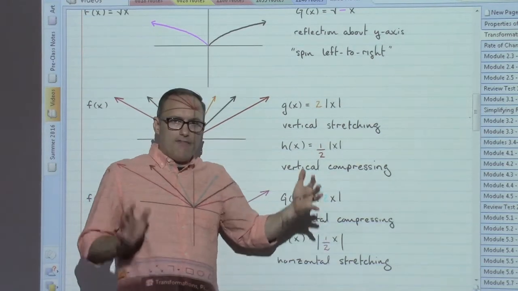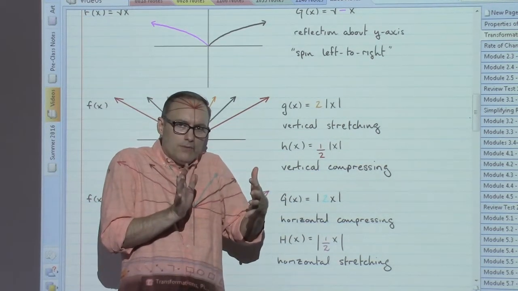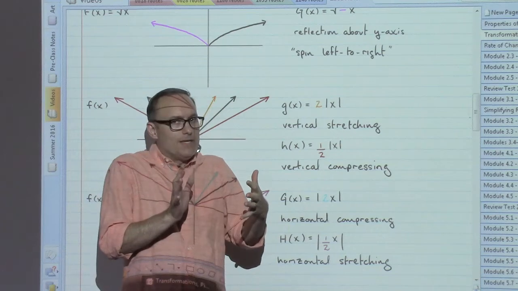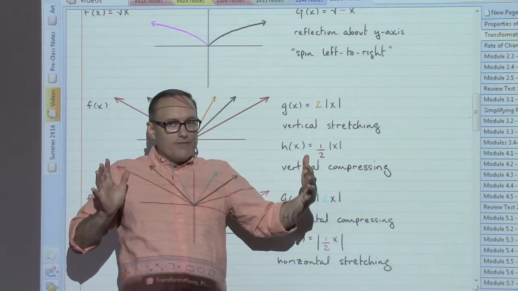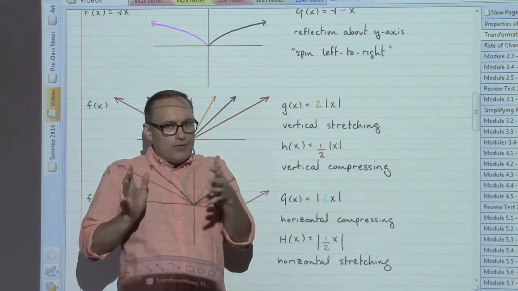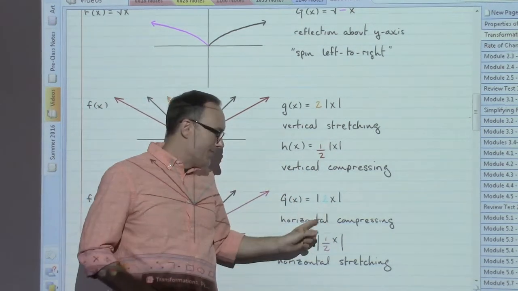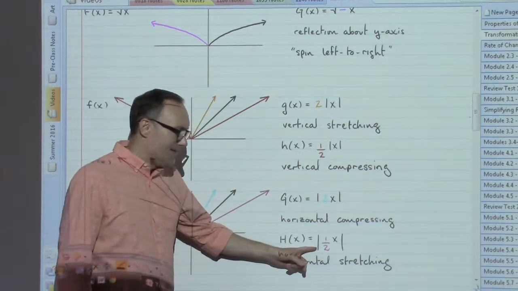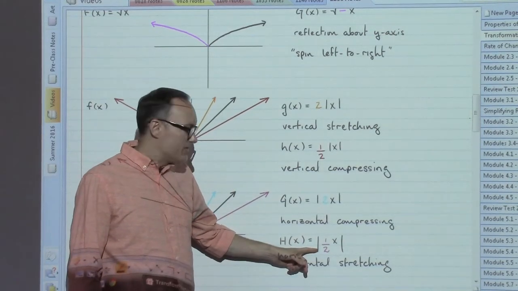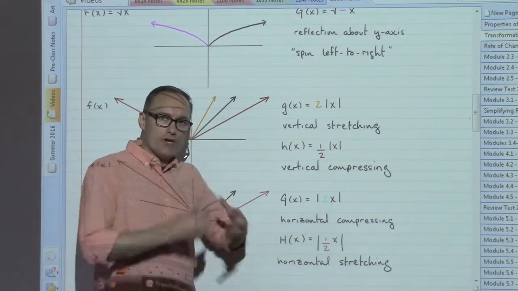X equals 1/2 is closer in. So instead of x equals 1 farther out, x equals 1/2 closer in, we're squishing horizontally. Horizontal compression. If we're talking about a number between 0 and 1, horizontal stretch.